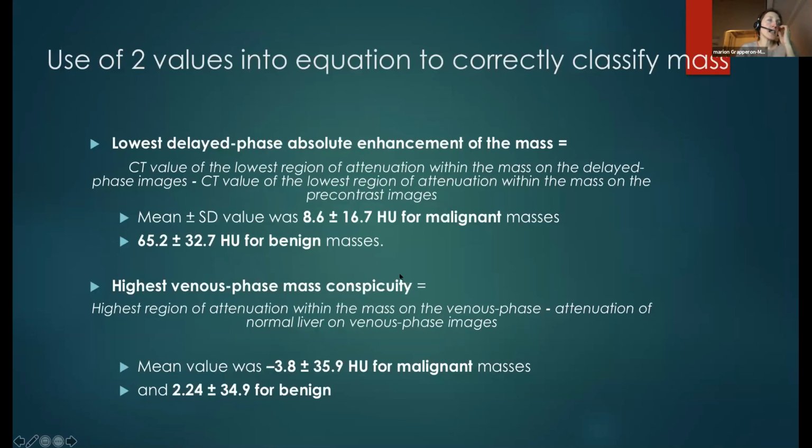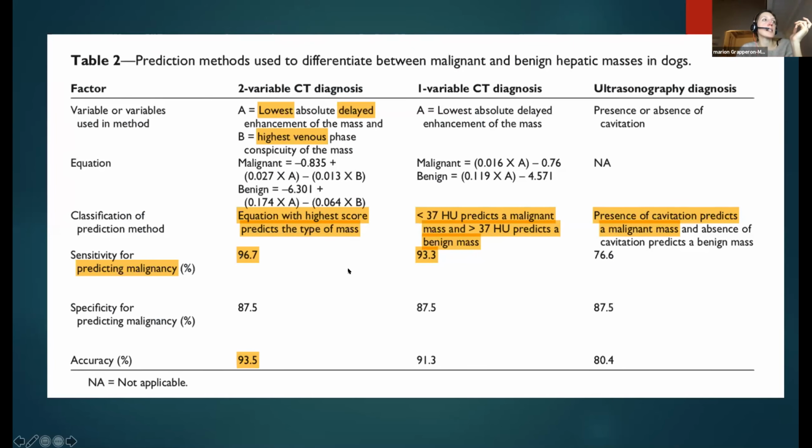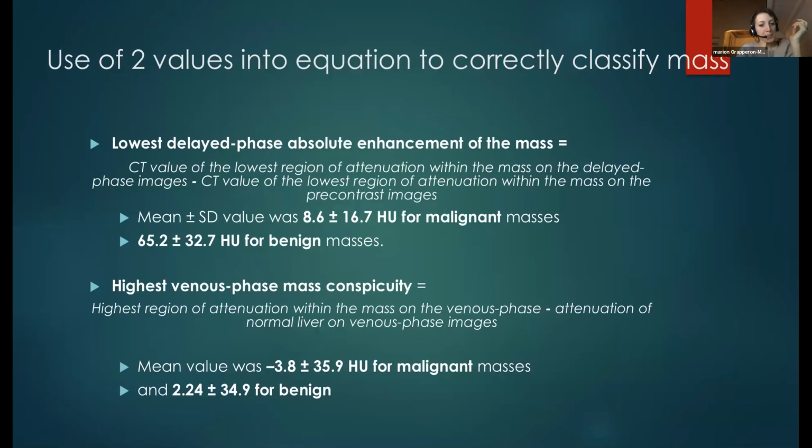This is just a reminder of the equation with two variables, but I won't go through it because you won't remember it. Just remember that this equation has quite good accuracy, and the sensitivity to predict malignancy was also quite reasonable, I think.